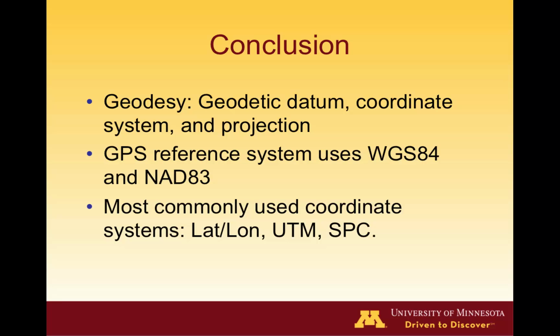So the conclusion of this class is you learned geodesy. The three methods for geodesy are geodetic datum, coordinate system, and projection. If you want to know the coordinates of a point, you want to select a coordinate system, either by degrees, which is most commonly used these days, or by meters, for example, using UTM, which is quite precise.